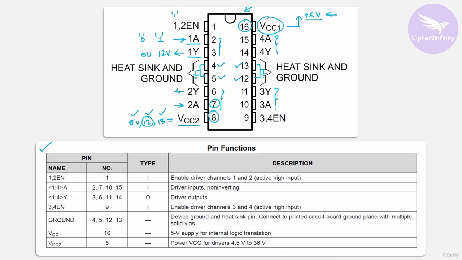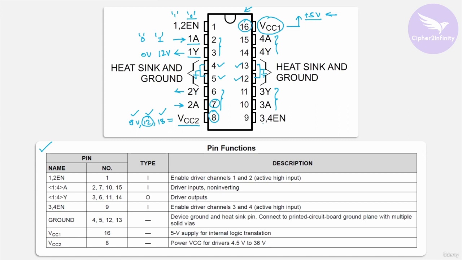If you provide logic 0 on this pin, then no matter whether you provide logic 1 or logic 0 here, the 12 volt or 0 volt will not be available on this pin. So if you provide logic 1 on this pin, then only the first driver and the second driver will be enabled. Otherwise, if you provide logic 0, then these 2 drivers, first and second, will be disabled.